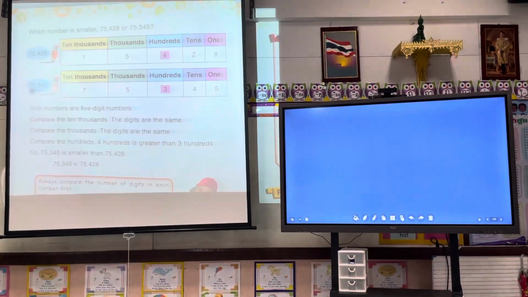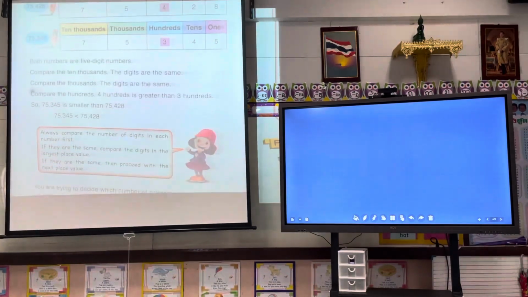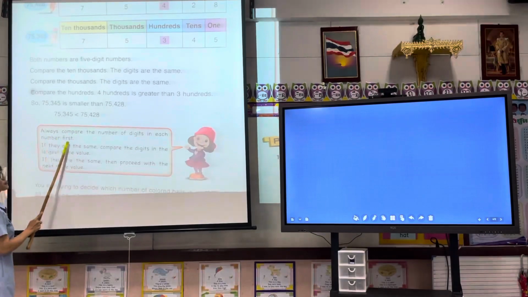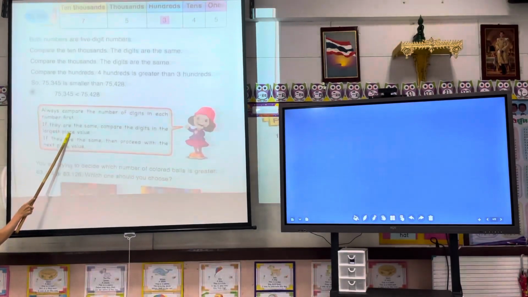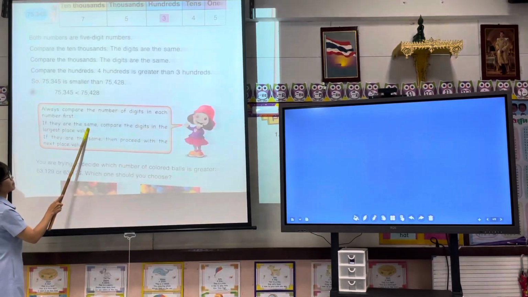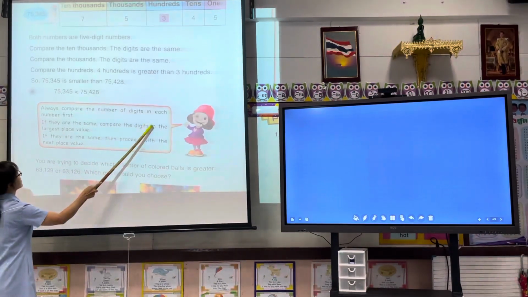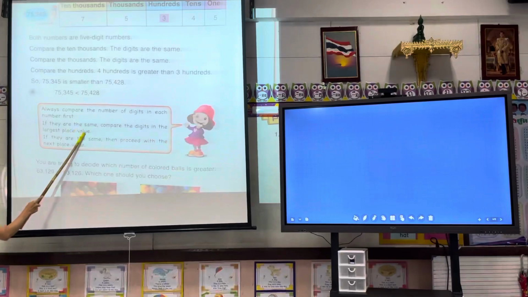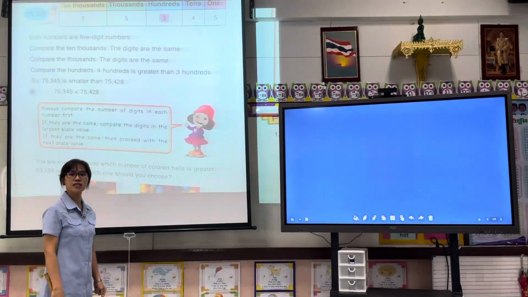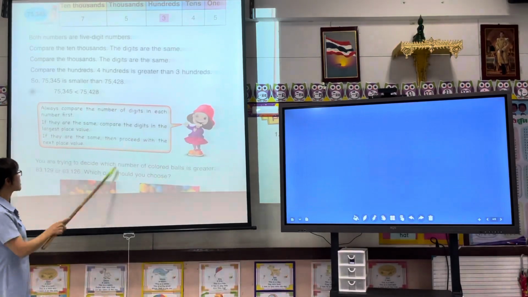In comparing, always compare the number of digits in each number first. That is the first tip. Second, if they are the same, compare the digits in the largest place value. The largest here is the 10,000s place, right?